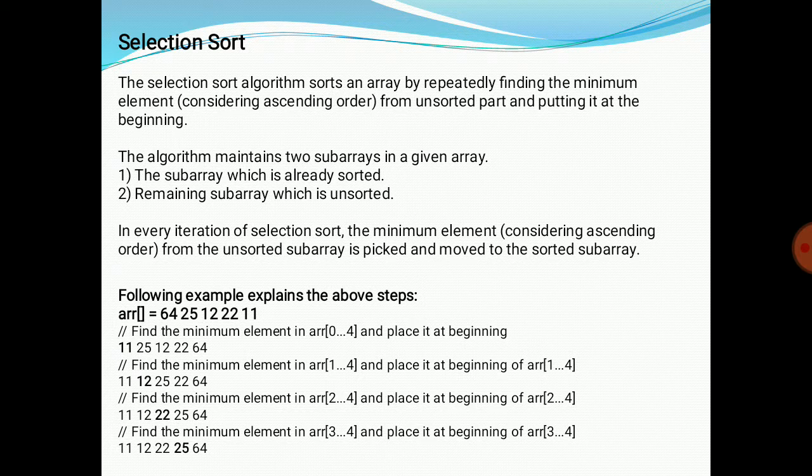So based on this principle, how does this algorithm work? This algorithm starts from the first element of the list and searches the entire list until it finds the minimum value.